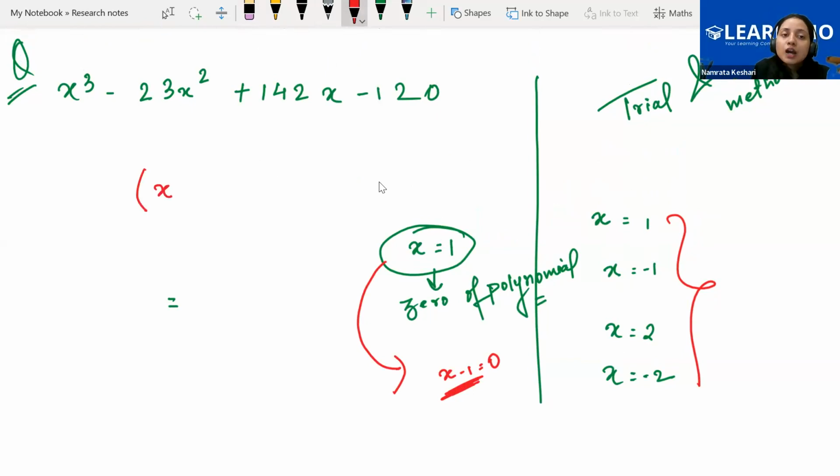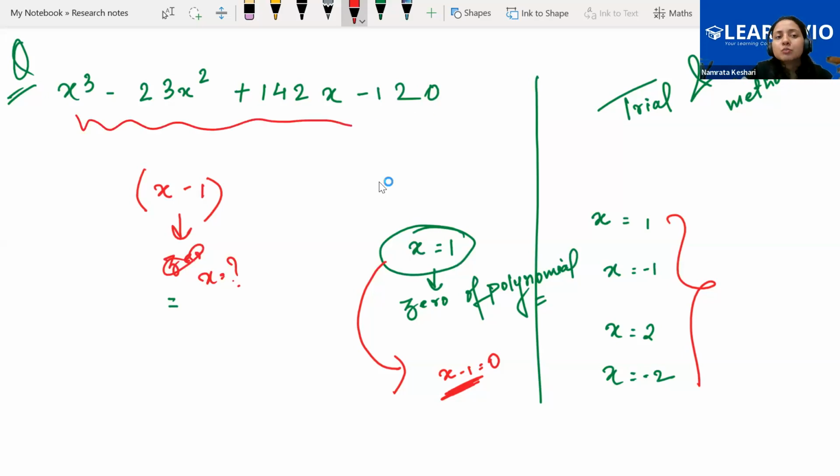Recall how we were using the factor theorem. Whether x minus 1 is a factor or not, to check it, we used to find the x value from here, and that x value we used to substitute in our polynomial to check the remainder. If the final outcome was coming out as 0, we were saying yes, x minus 1 is a factor.